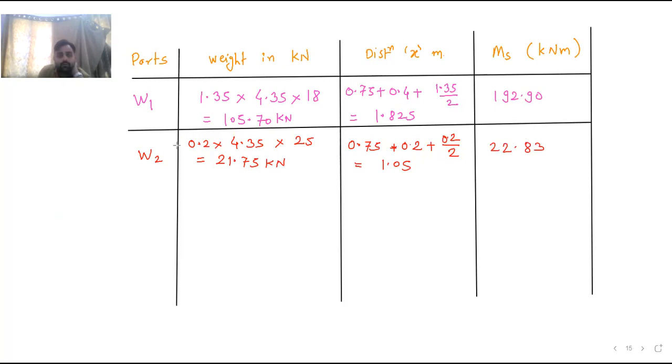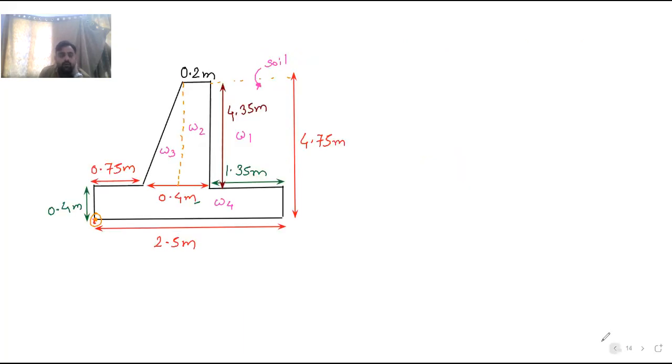So now W3, do the same thing with W3. Here you can see this is the triangle. This distance is 0.75, plus 2/3 of the base, because this angle is 90 degrees. So if this is 0.2, this remaining will be 0.2.